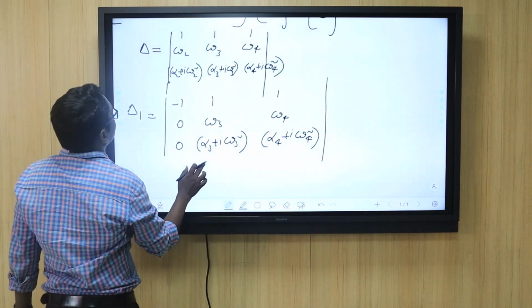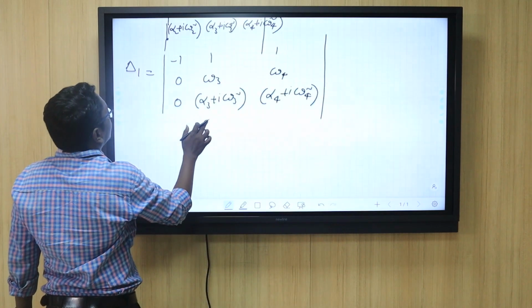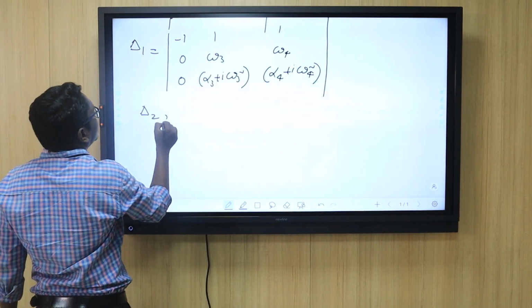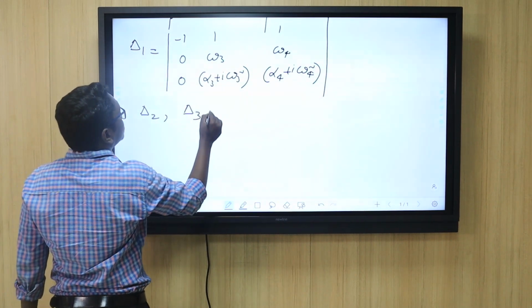So this is delta 1. Likewise we have to get delta 2 and delta 3 values.